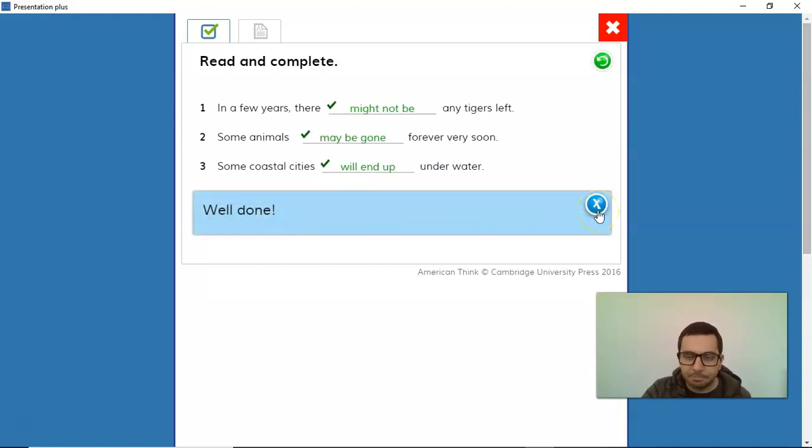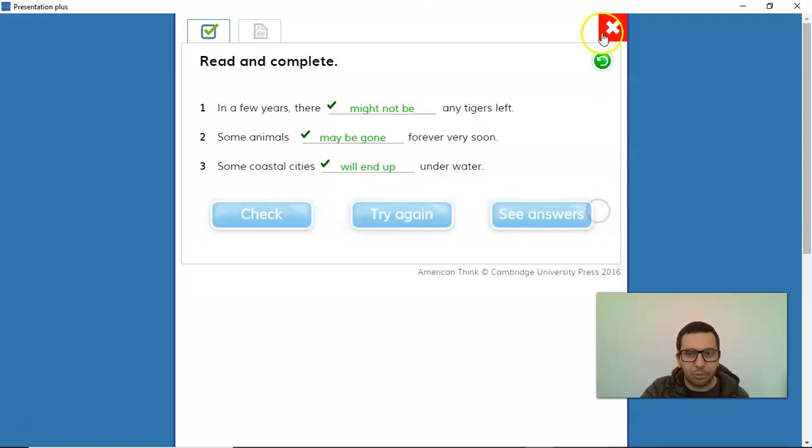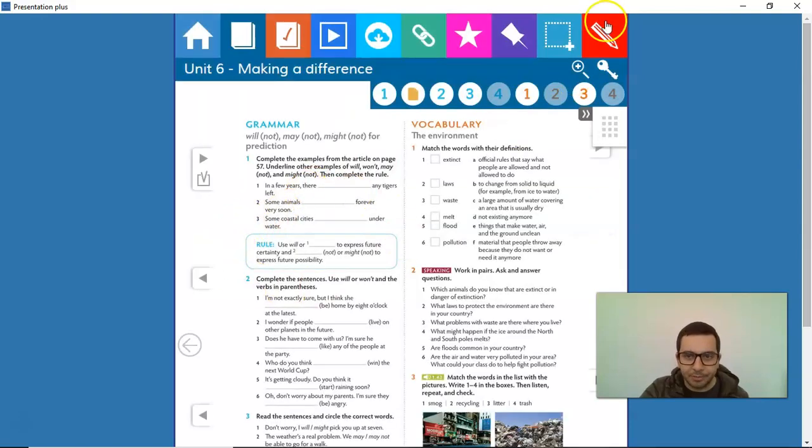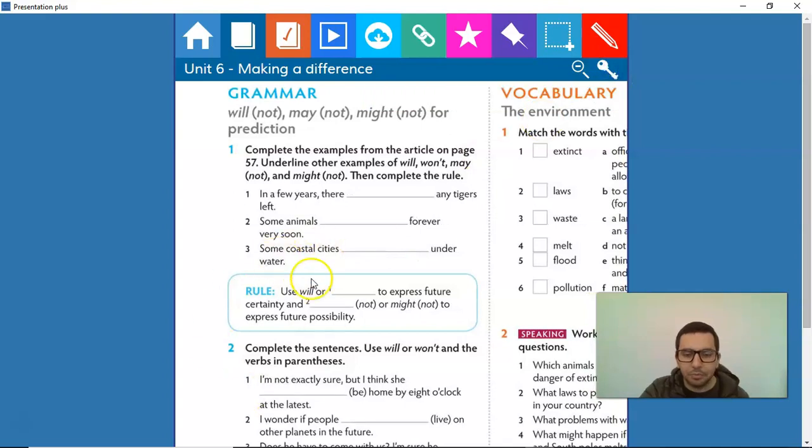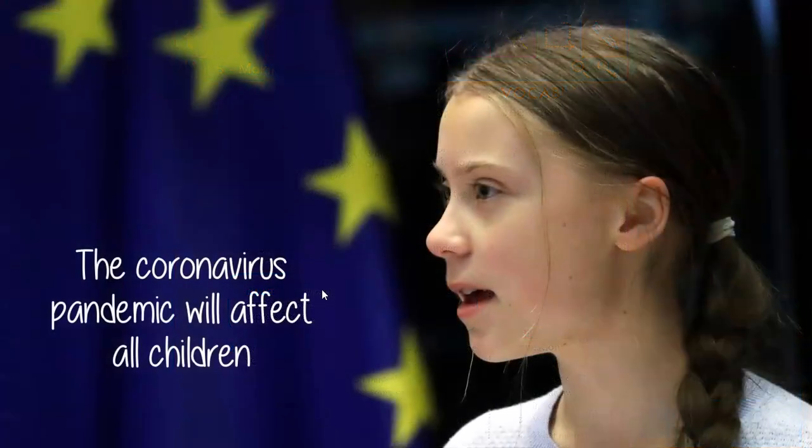Alright, good. Before we continue to our rule here, I want you to read a sentence from Greta Thunberg. Okay? Take a look. Here, Greta says, the coronavirus pandemic will affect all children.